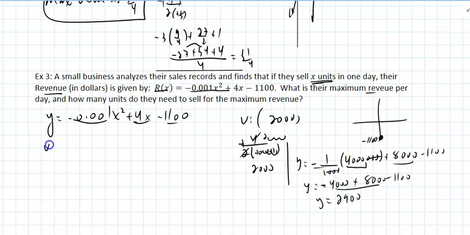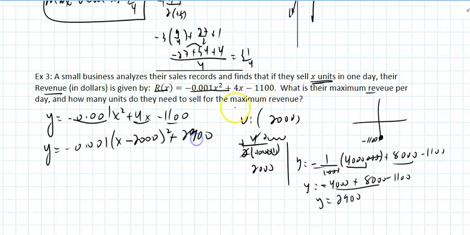So I could say y equal negative 0.001 into x minus 2000 squared plus 2900. If I was looking at this graph, 2000 and 2900, when it says what is their maximum revenue?